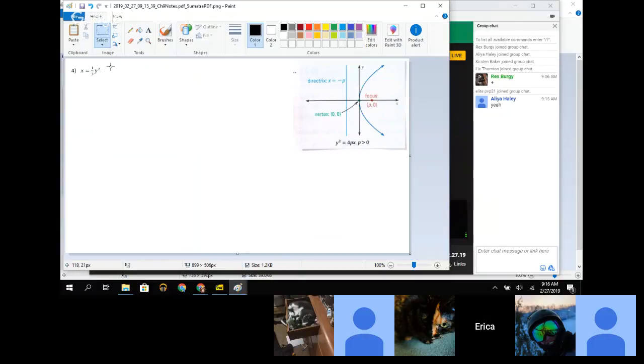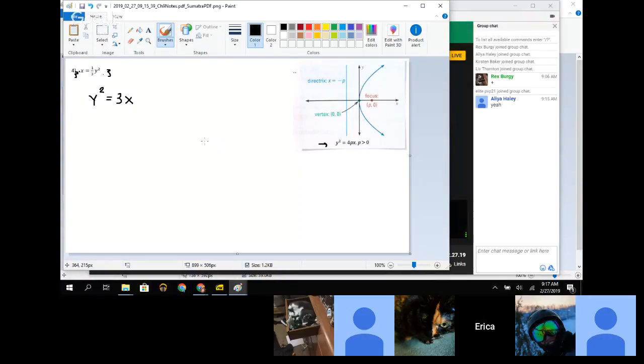If I multiply both sides by 3, then I get, I'm going to flip my equation around when I do it, y squared equals 3 times x. So then my equation looks like the sample equation that's given for this, right? I get y squared equals 3x. I get y squared equals 4px.